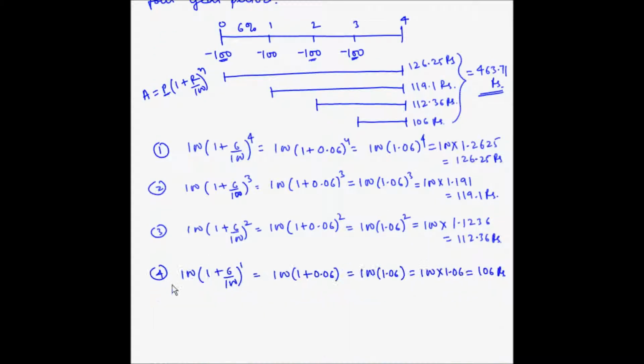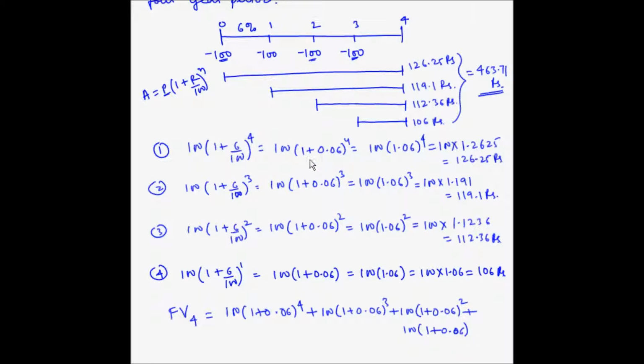So basically what we did here was the future value at the end of 4 years was equal to 100 into 1 plus 0.06 to the power 4 plus 100 into 1 plus 0.06 to the power 3 plus 100 into 1 plus 0.06 to the power 2 plus 100 into 1 plus 0.06.